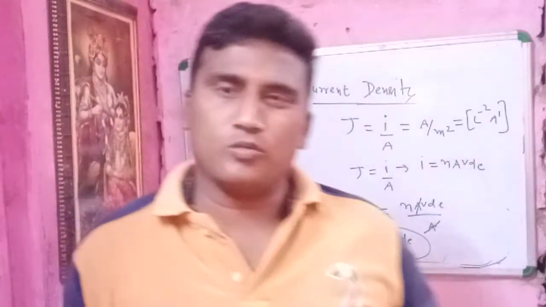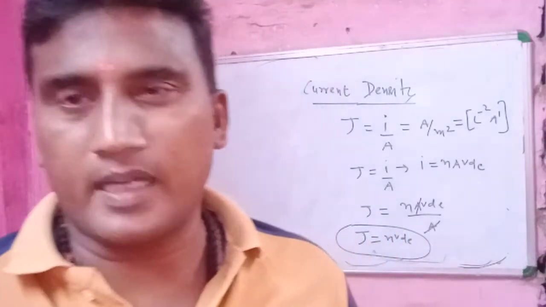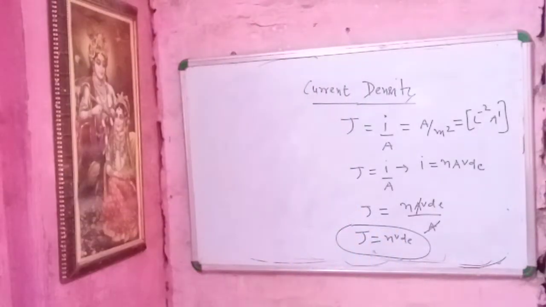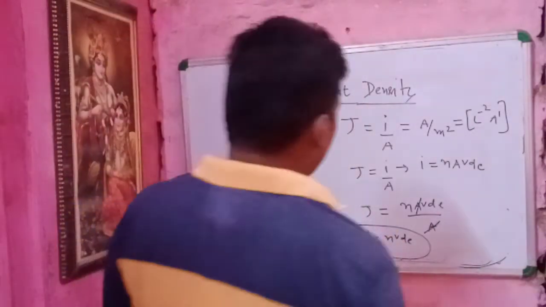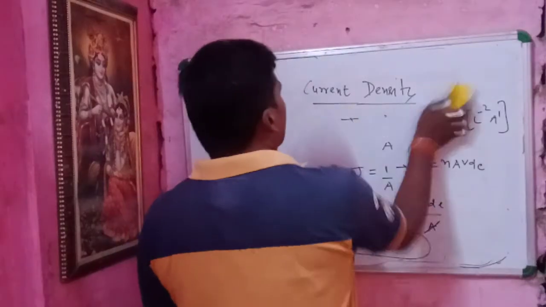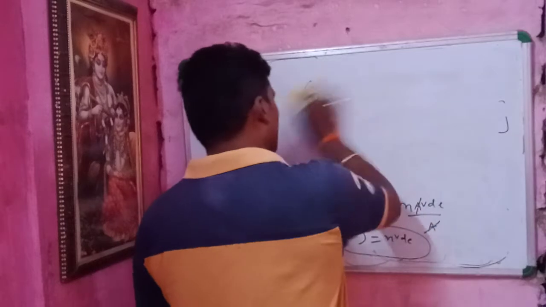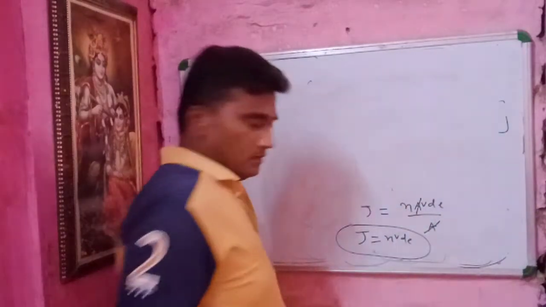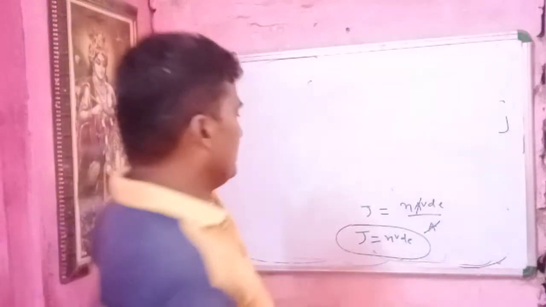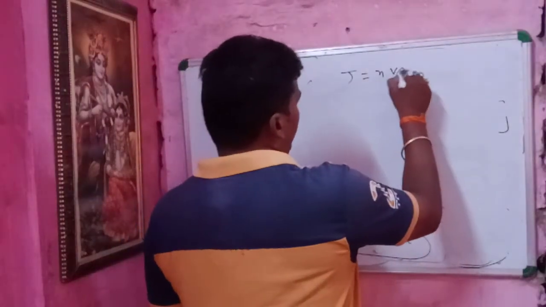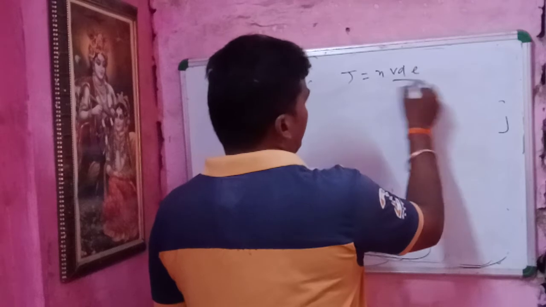We also know the value of current density in other terms, electric field and number of charge carriers. J is equal to n vd e.